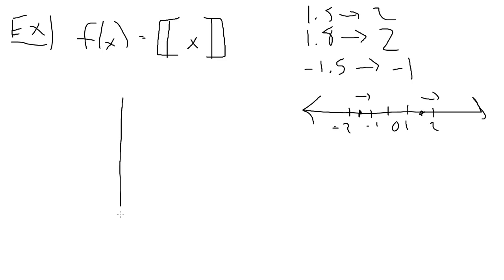So the graph of that would look like this. So at 0, what do we do at 0?